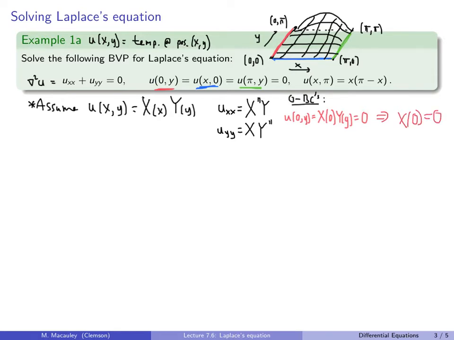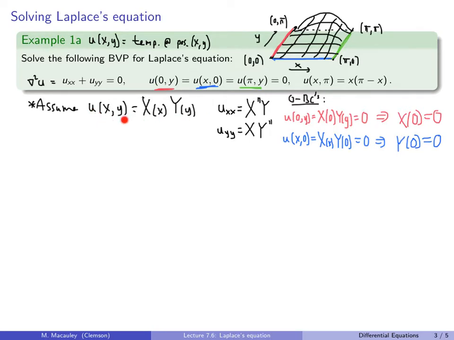Let's do the next condition, this one right here. So you see where we're going with this. u of x, 0 is X of x times Y of 0. So as before, we have a function times a number being 0, so that number better be equal to 0. So that means that Y of 0 equals 0. And again, we know the function is not 0 because we were assuming that this solution is not 0.